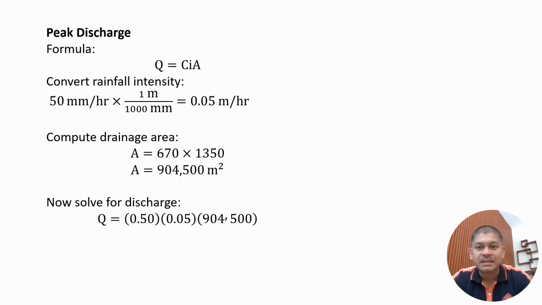Next, we calculate the peak discharge using the rational method. This helps us know the maximum flow rate the culverts must carry safely. Q is equal to C, which is 0.5, times I, 0.05, multiplied by A or area 904,500. Okay, let's compute.